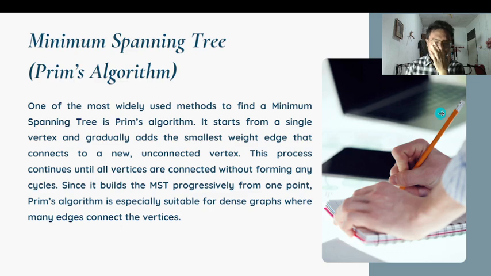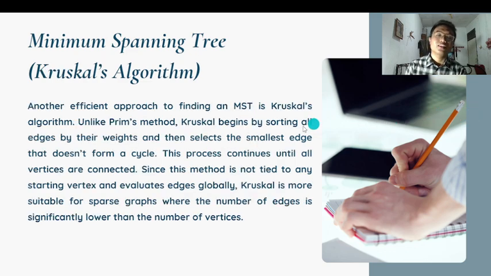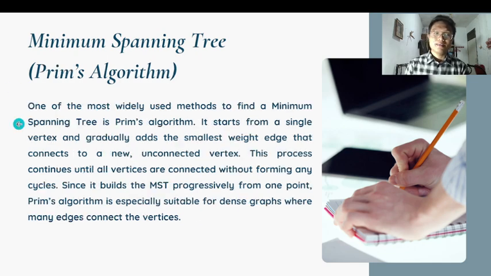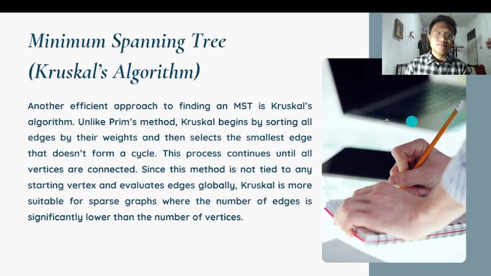Okay, then we will go to Kruskal's algorithm. Kruskal's algorithm is another efficient approach to finding an MST, the same as Prim's algorithm. This is another approach. Unlike Prim's method, the difference is Kruskal begins by sorting all edges by their weight and then selects the smallest edge that doesn't form a cycle.